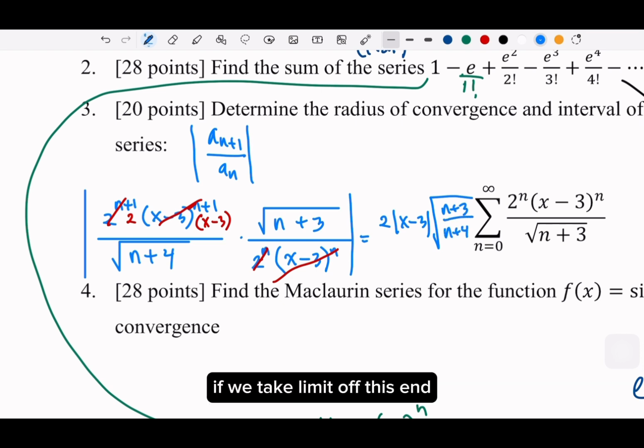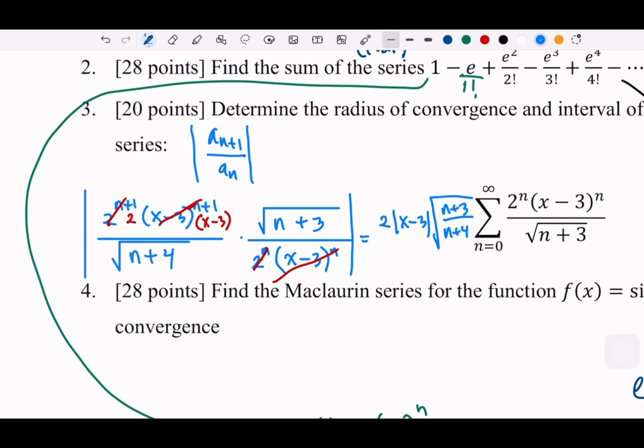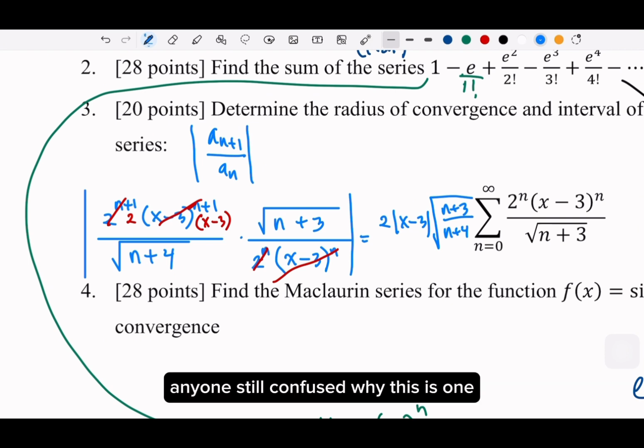If we take the limit of this as n goes to infinity, because they have the same degree, they can be cancelled. So this is 1, right? Anyone still confused why this is 1? Raise your hand, I would like to know.